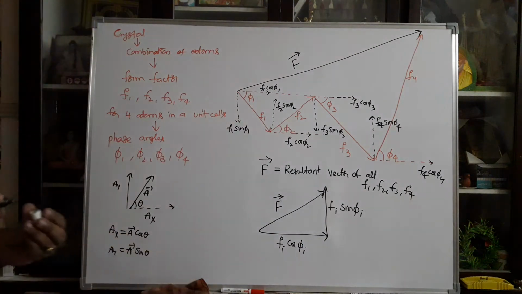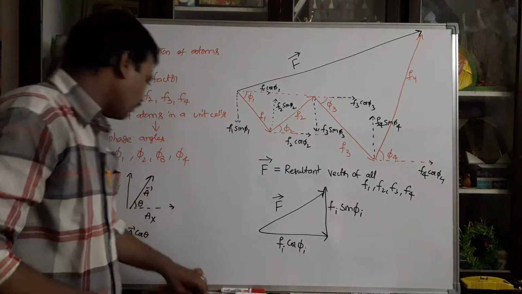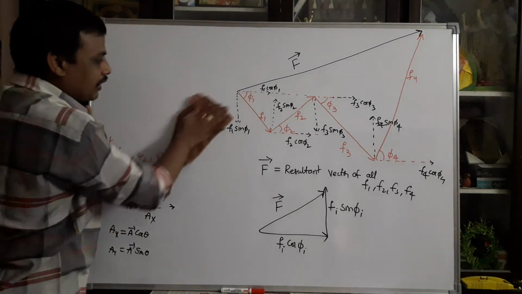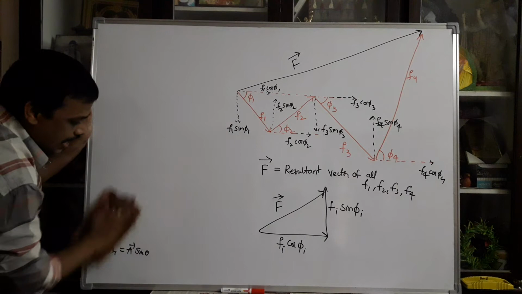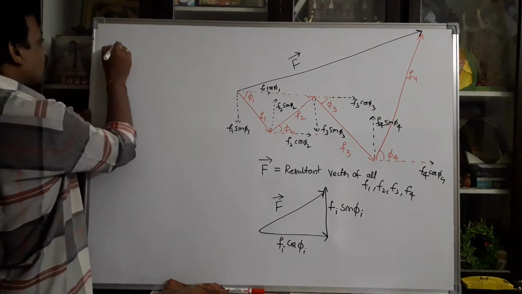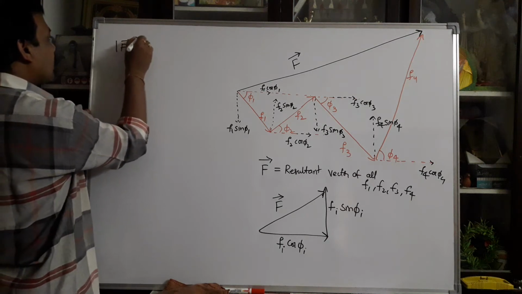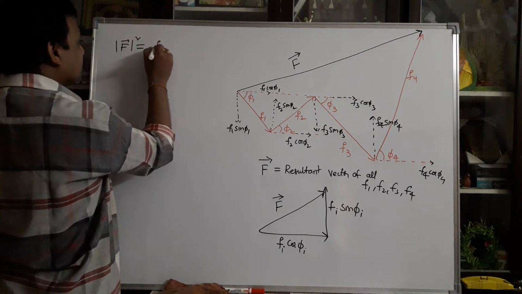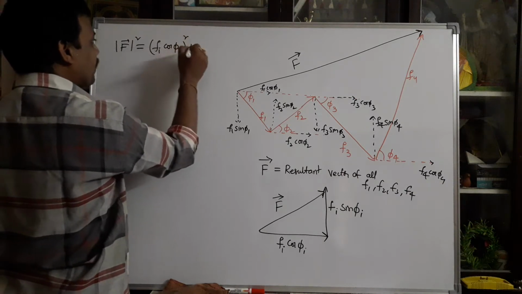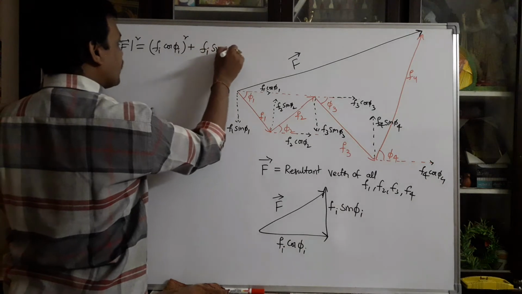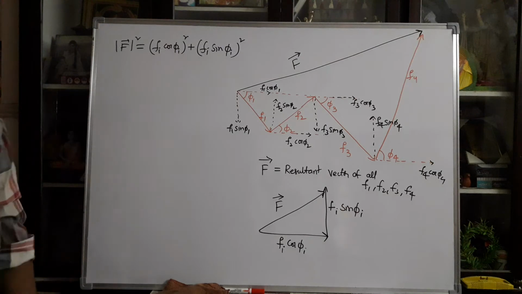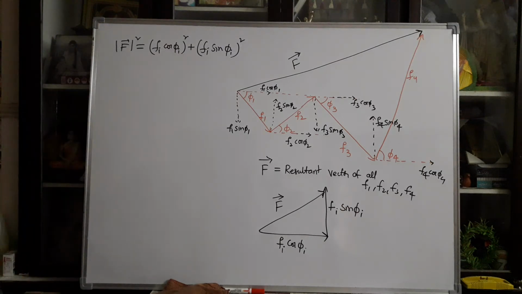According to the vector notation, that F bar value in a simple vector notation can be represented as the mod F bar square is equal to the sum of fi cos phi i whole square plus fi sin phi i whole square, that is Fx square plus Fy square.